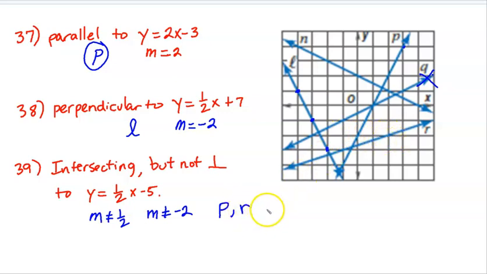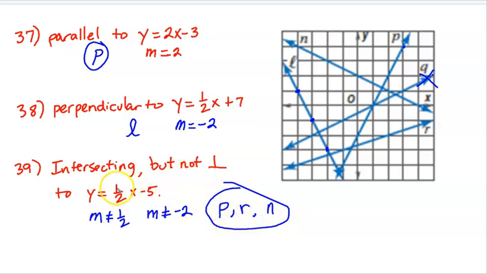That's a slope of 1/3, so line R would be okay. We haven't looked at line N yet. That's a negative slope, up 1, left 2. That's negative 1/2, and that's okay. So we just identified the 3 lines that cannot be parallel or perpendicular. Your answer for number 39 is those three lines, P, R, and N. Any of those three.